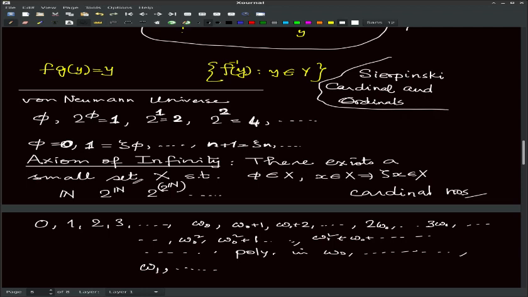So after the natural numbers, you get a clumping of them together, in the sense that the cardinality is not increasing up until a certain point, when we start to collect.